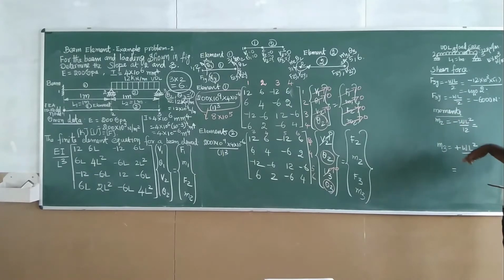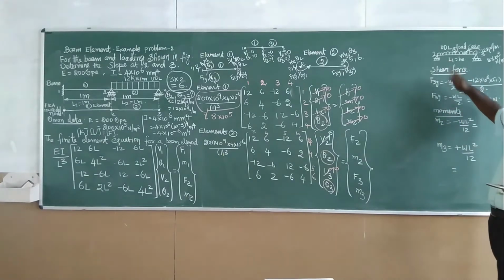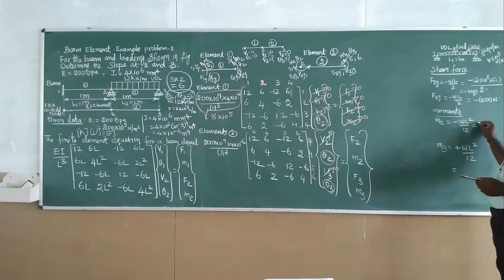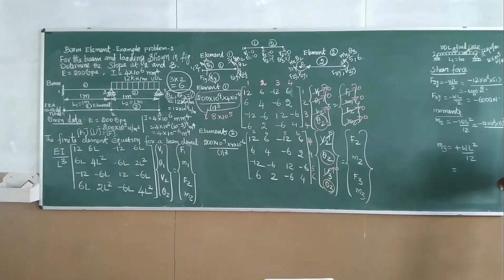Then bending moment at nodal point 2, that is minus WL square divided by 12, minus 12 into 10 power 3 into L square divided by 12.